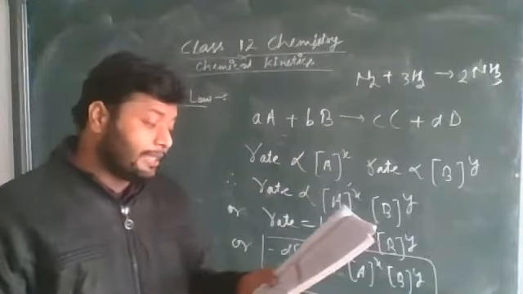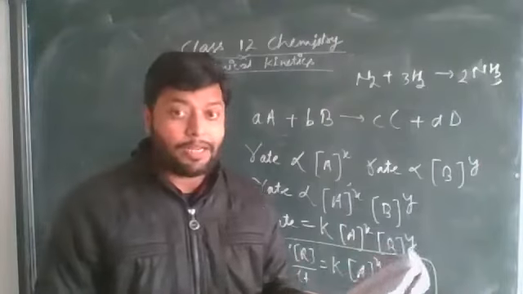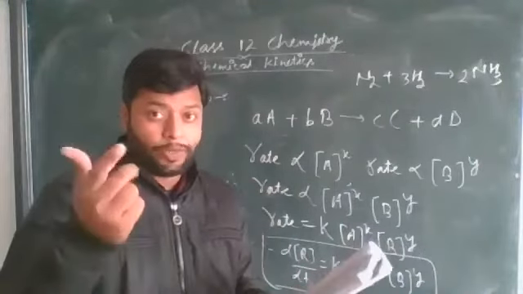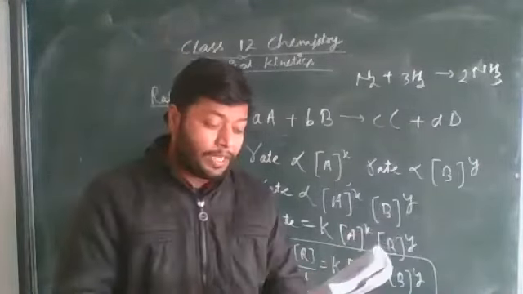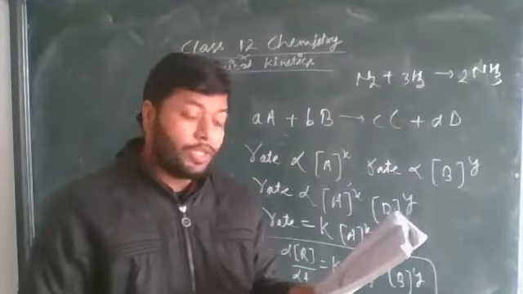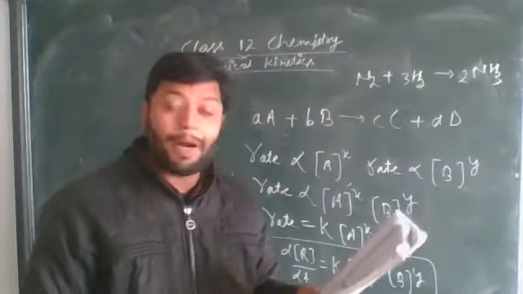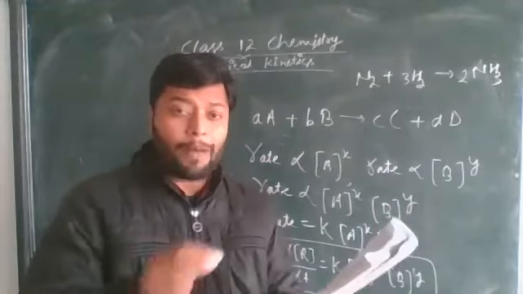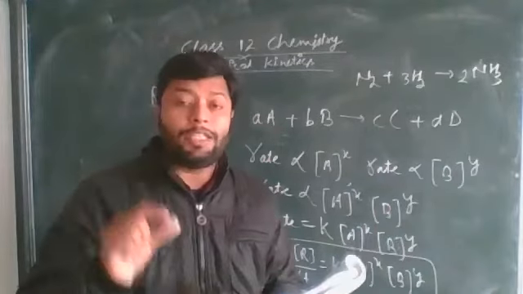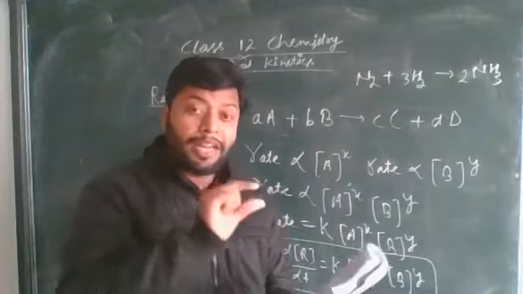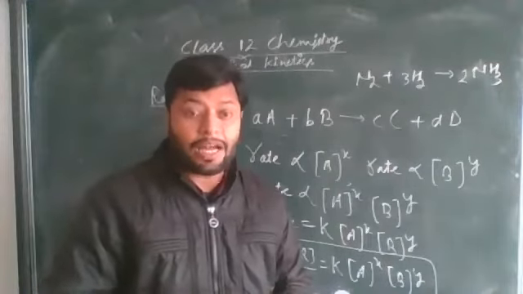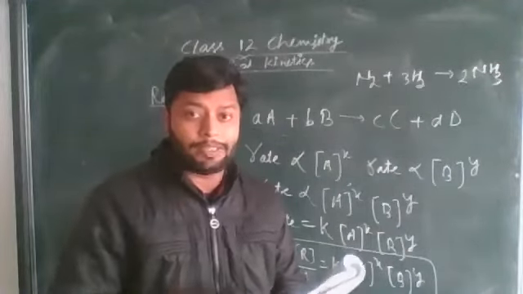So take Table 4.2 from your NCERT book. You can open your NCERT book to see Table 4.2, initial rate of formation of NO2, and with the help of this experimental data, we will try to write the rate law expression for this given equation.